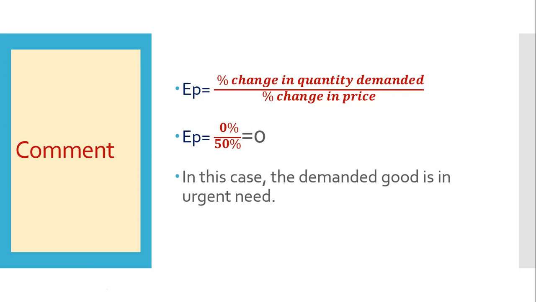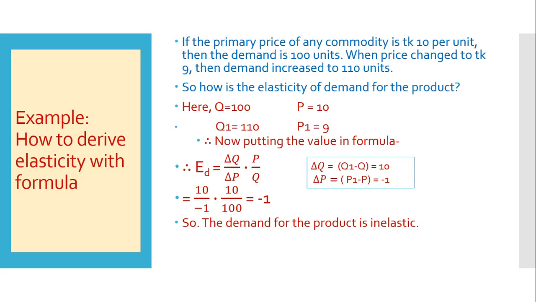So I have discussed 5 types of price elasticity of demand. Now let us give a small example of how we find the result by using the formula. Suppose there is an example. If the primary price of any commodity is taka 10 per unit, then the demand is 100 units.